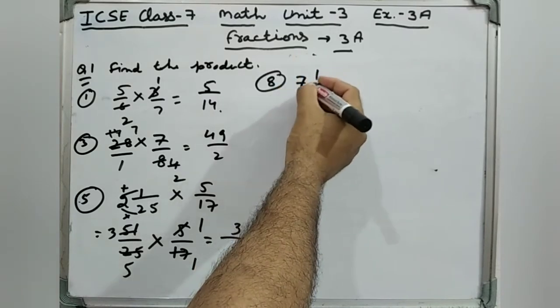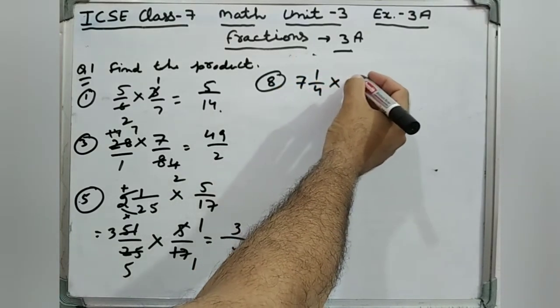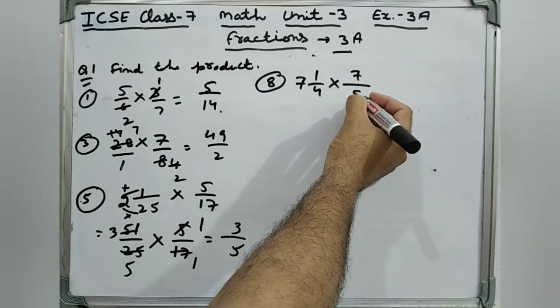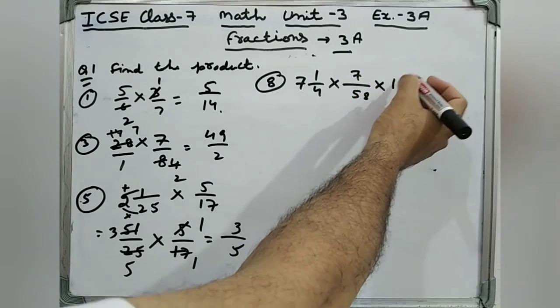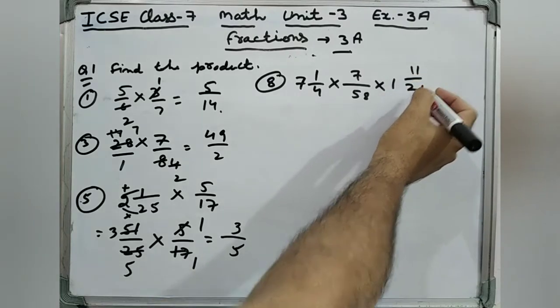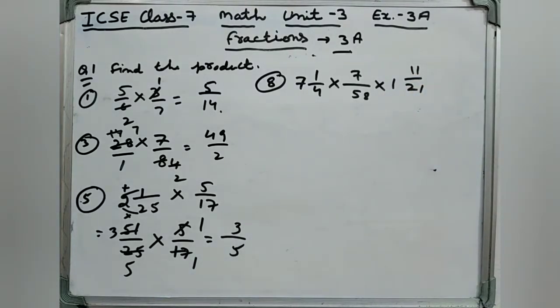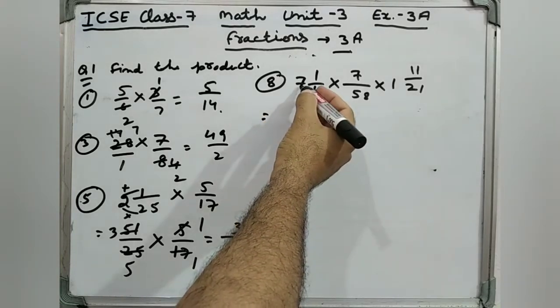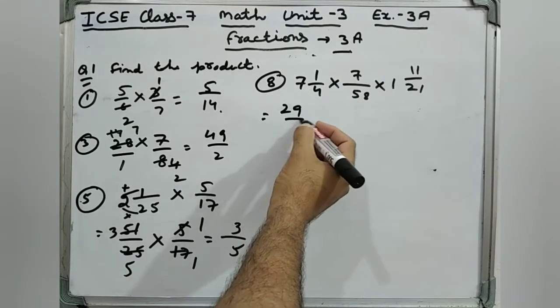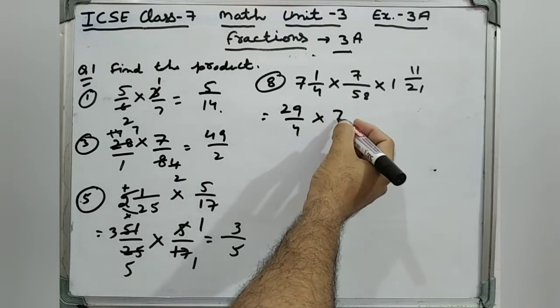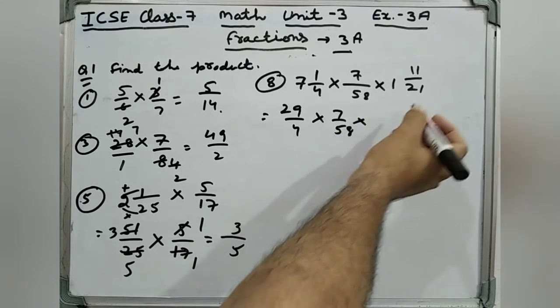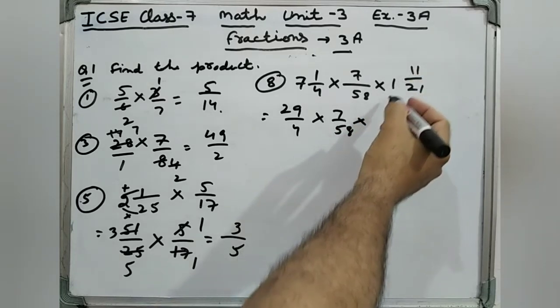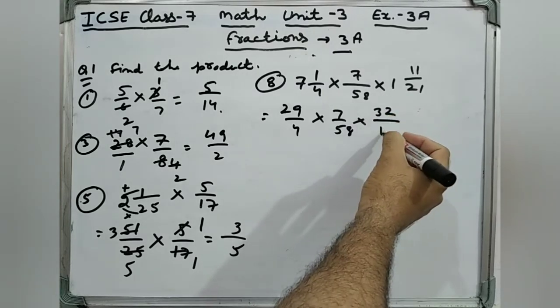7 1 by 4 multiplied by 7 upon 58 multiplied by 1 11 upon 21, right? Now 4 7s are 28 plus 1, 29 by 4 multiplied by 7 upon 58 multiplied by 21 1s are 21 plus 11, 32 upon 11.